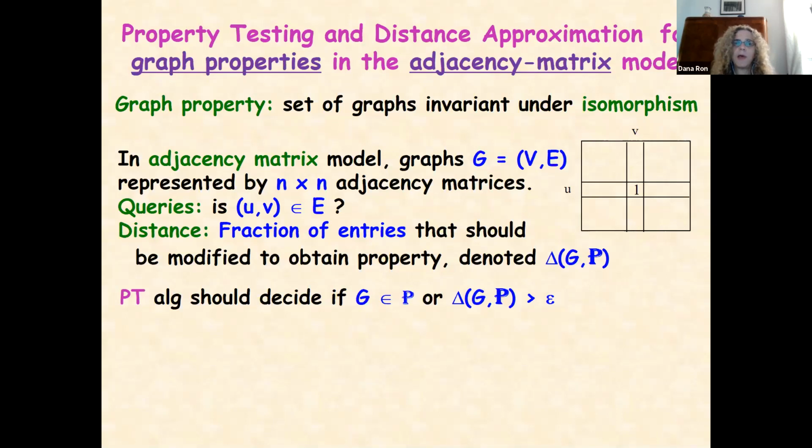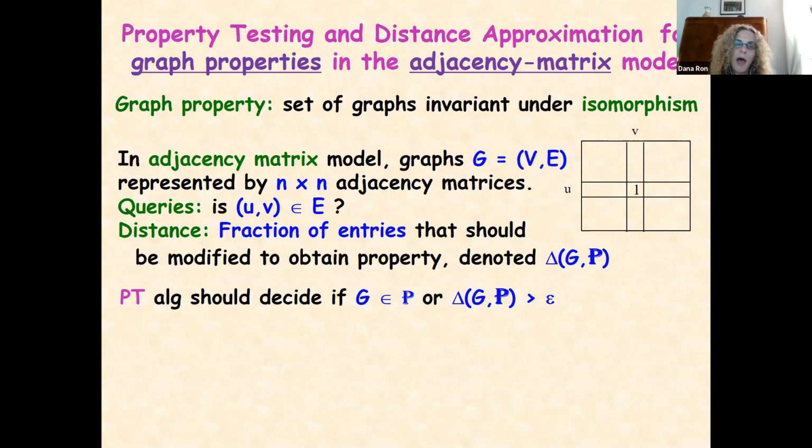So now that I said what the objects, the queries and the distance measure are, let's recall how it fits when we talk about property testing and distance approximation. From here on, I'll use the shorthand PT for property testing and DA for distance approximation.